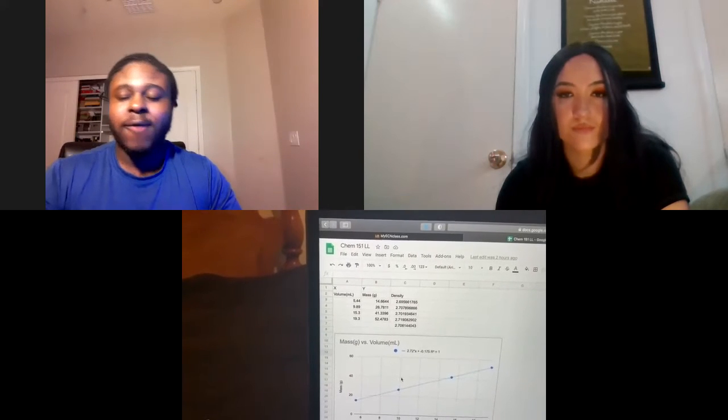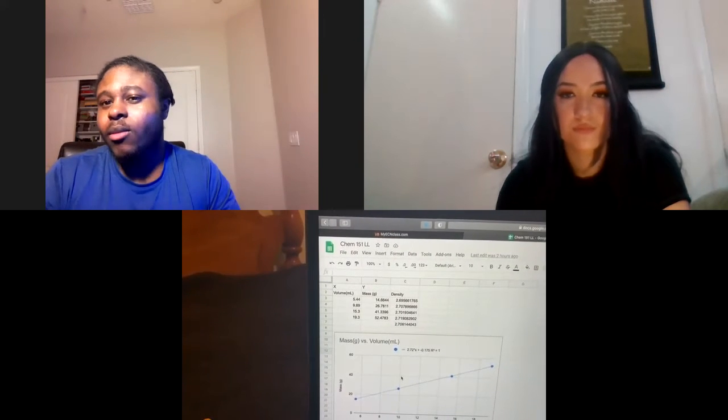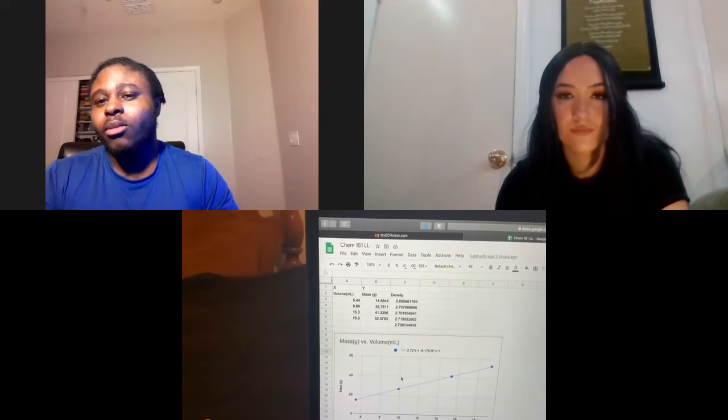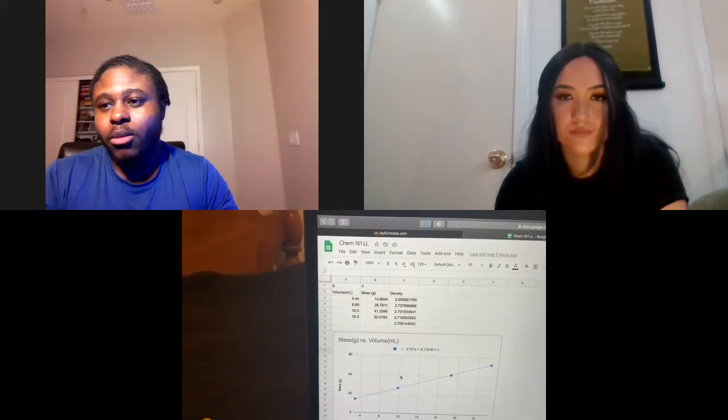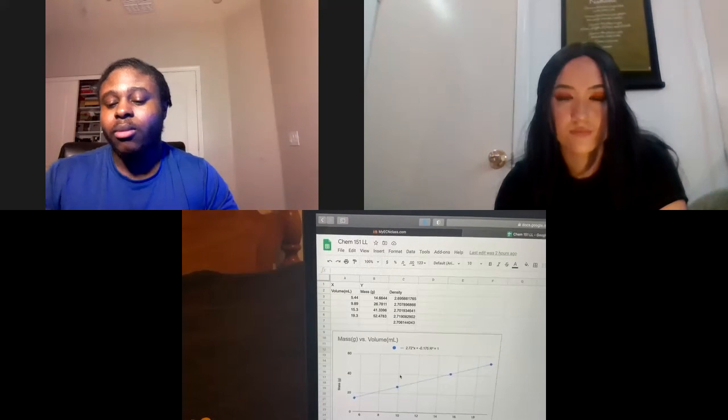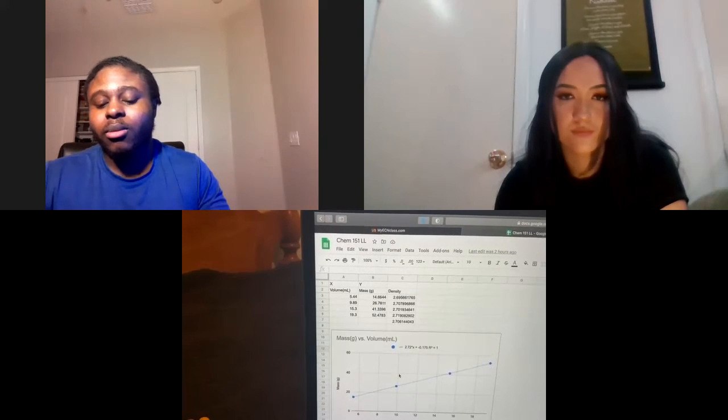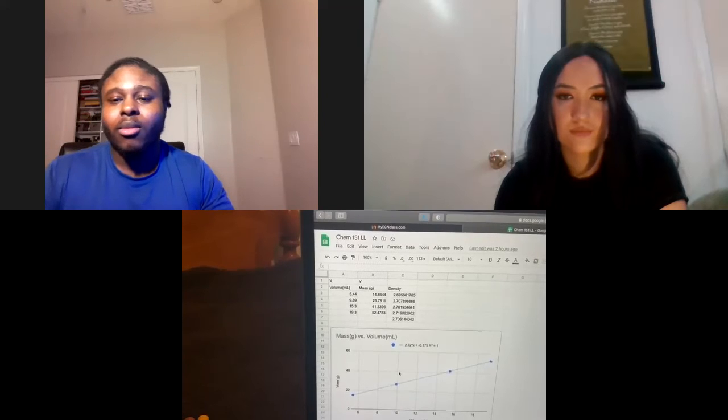And then we also included the line of best fit. The equation that the line gave us was 2.72 as our slope and also as our average density for the graph, plus negative 0.175, and the r squared being 1, which means that our graph was 100% accurate on that.